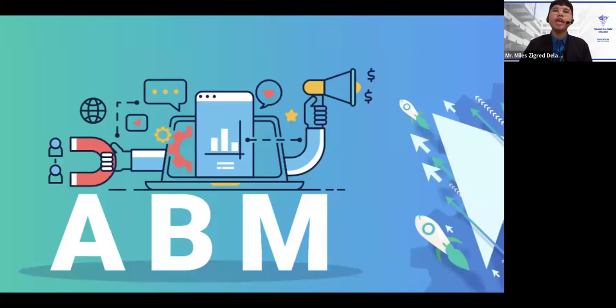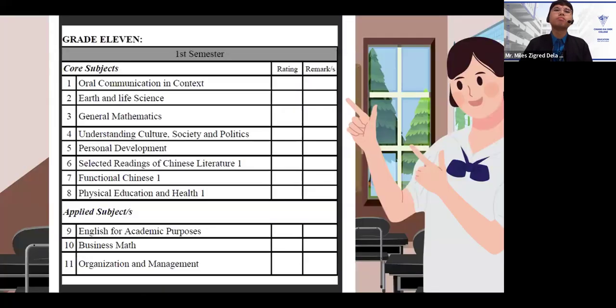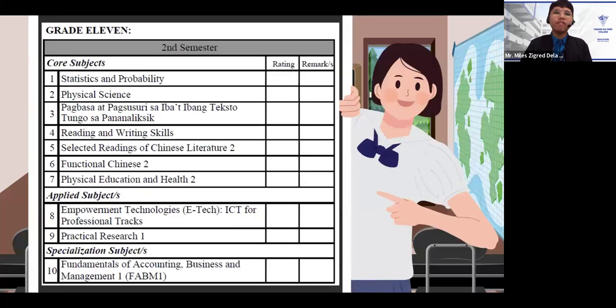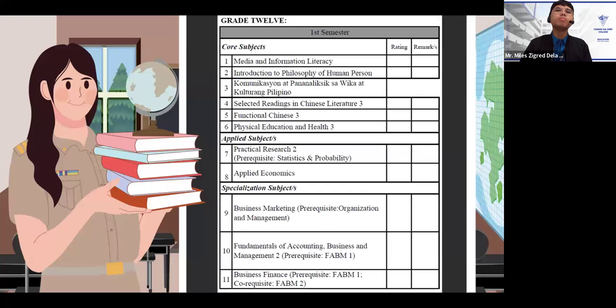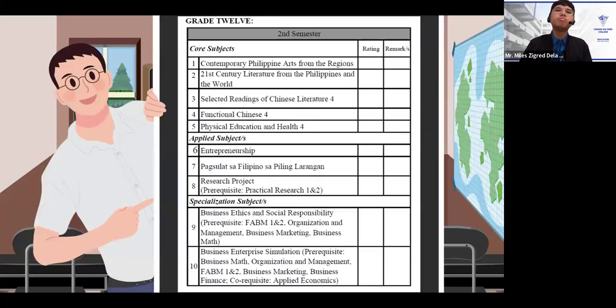Now let's go to the ABM. Here is the curriculum for grade 11 ABM first semester. Grade 11 ABM second semester. Grade 12 ABM first semester. Grade 12 ABM second semester.